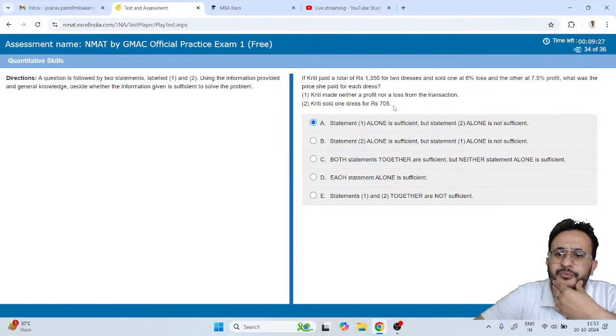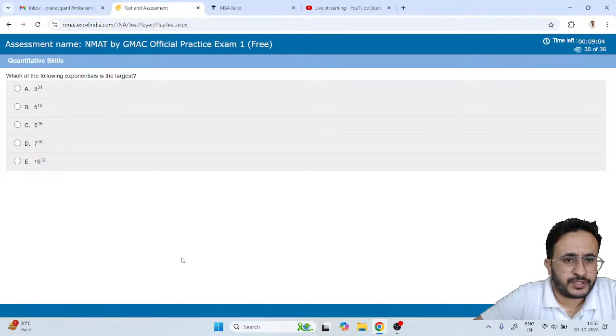One dress at 705 could be the 6% loss value, or the 7.5% profit is also possible. So I don't think we will be able to determine that from the second statement. So one alone is sufficient in my opinion.